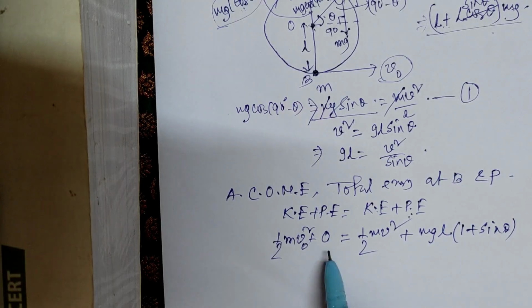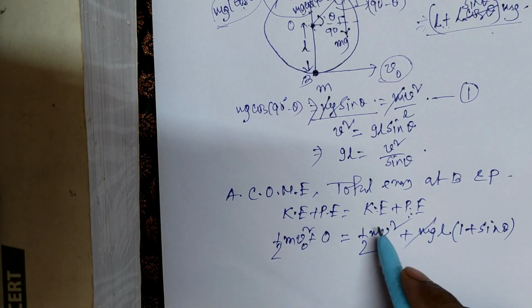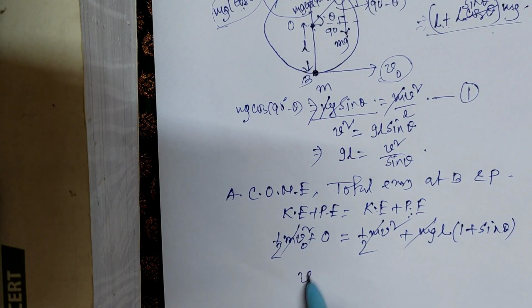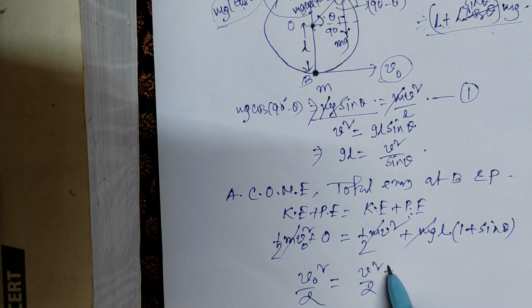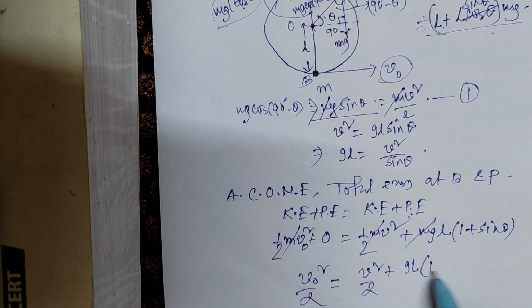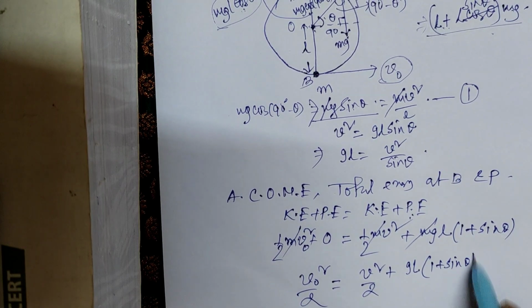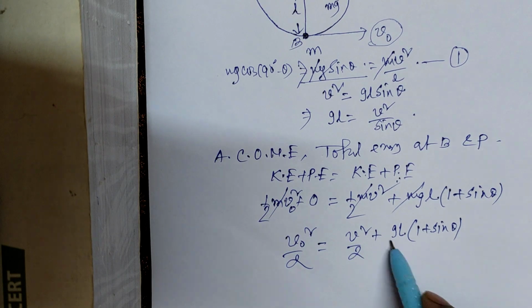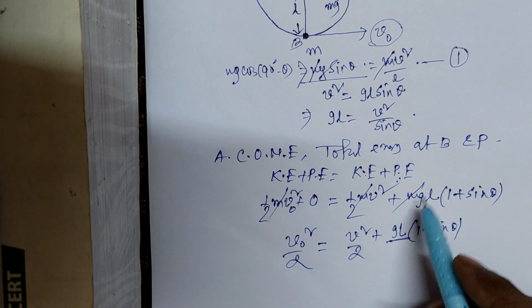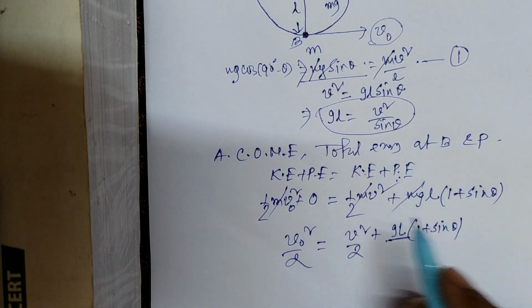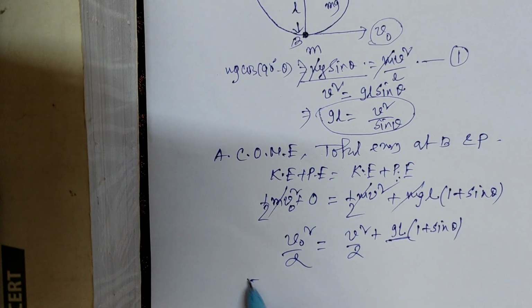Now cancel m, here m is cancelled, so v0 square by 2 is equal to v square by 2 plus gL into 1 plus sin theta, right? Now what is the value of gL? gL is v square by sin theta. So now we will put gL here.